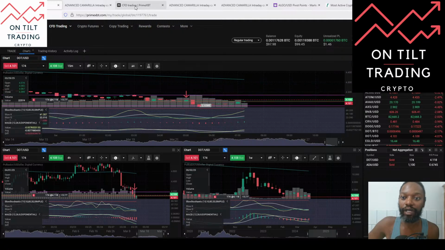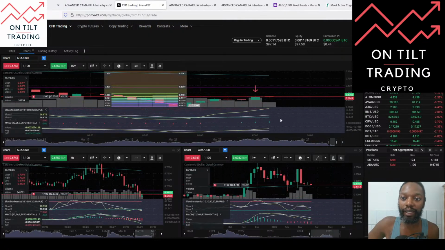We'll go back to Cardano, where I am having to wait for price action to decide what it's going to do right here, and also having a stop that doesn't necessarily have any protection or any resistance level behind it.